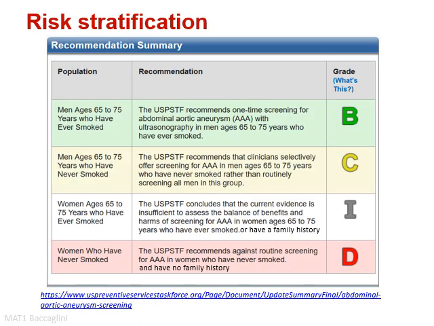So you may see screening advice from the US Preventive Services Task Force. In this case, they've actually stratified individuals based on their gender and age and whether they smoked or not, and also whether they have a family history.